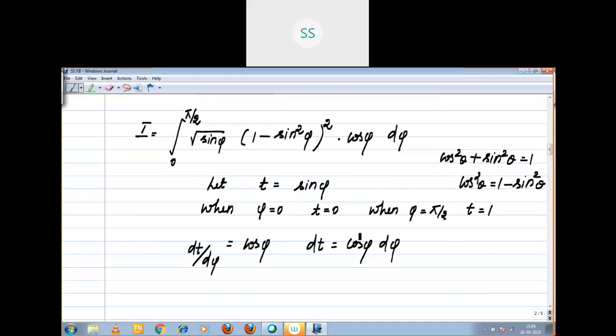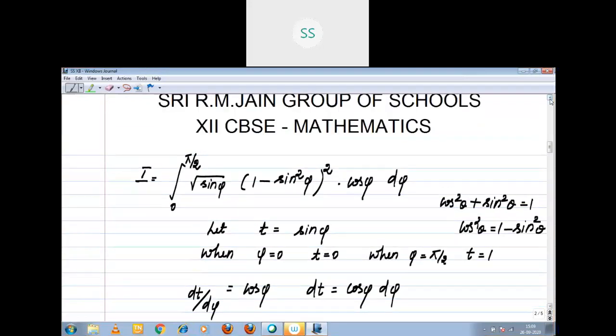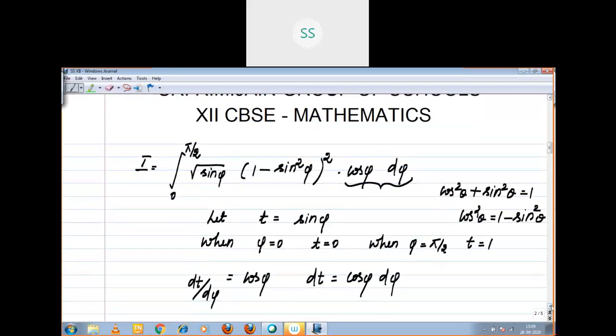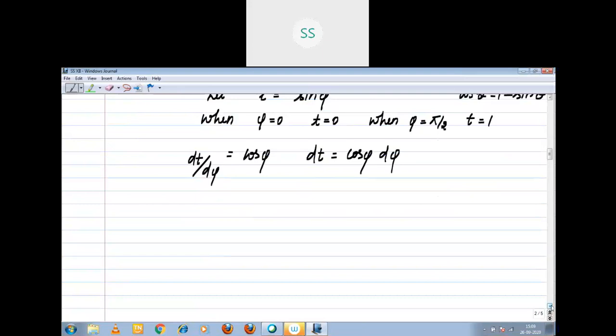Right? In the integral, I am going to show you that thing. You have to listen carefully, children. See, the cos phi d phi can be replaced by dt. Now, I equal to integral 0 to 1.